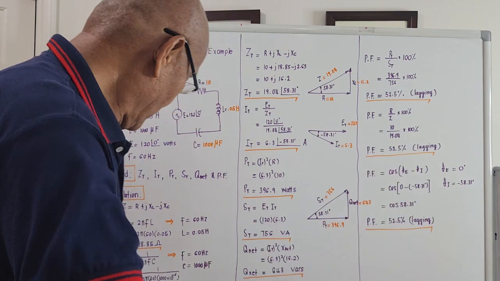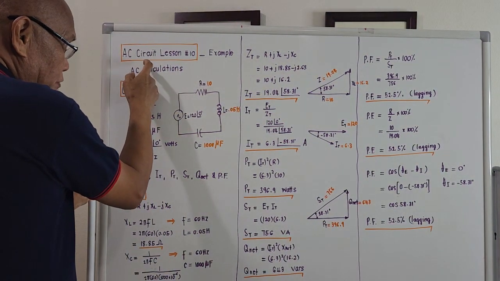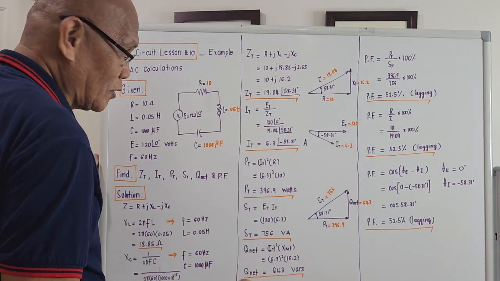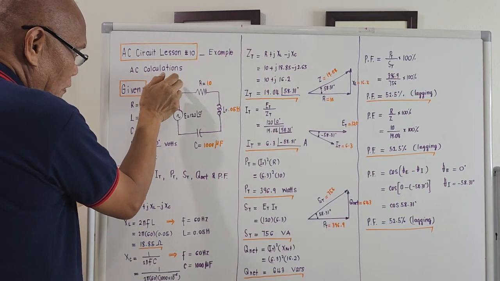My topic for this morning will be alternating current circuit lesson number 10, and the title of the topic will be example of alternating current calculations.